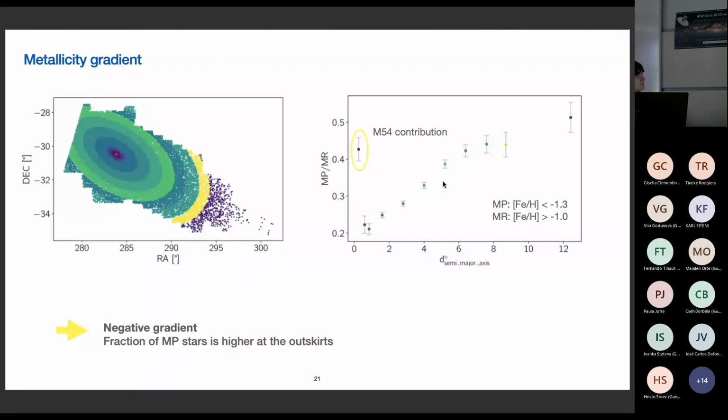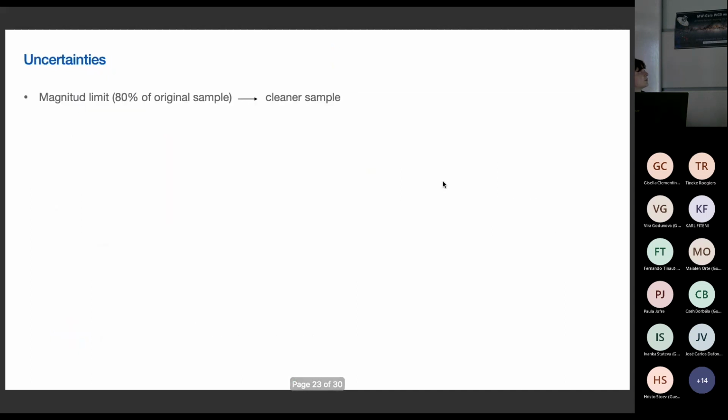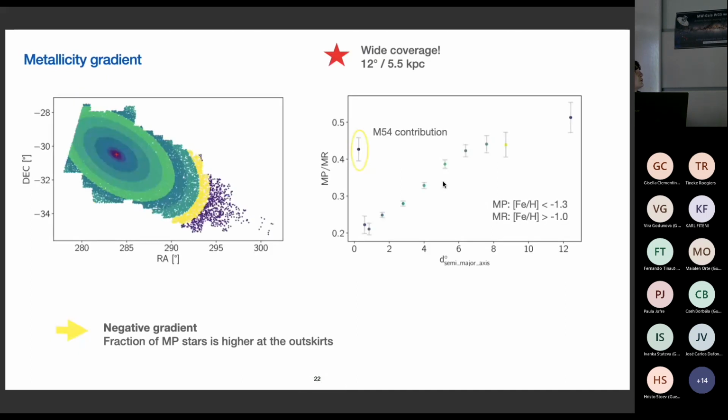And this is basically the same result that I showed you before with the density map, but now we performed it for all the footprint, so covering an area of 12 degrees or almost 6 kiloparsecs moving far from the center.